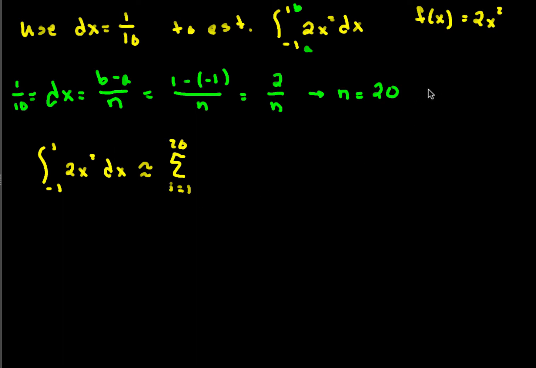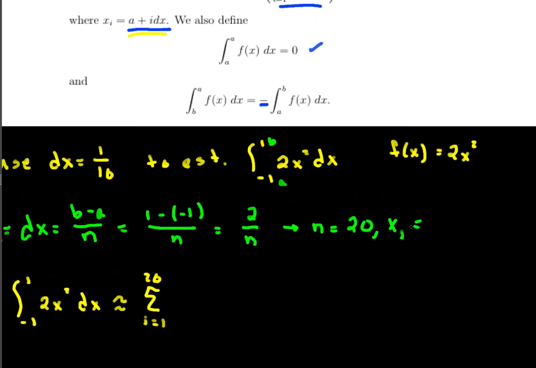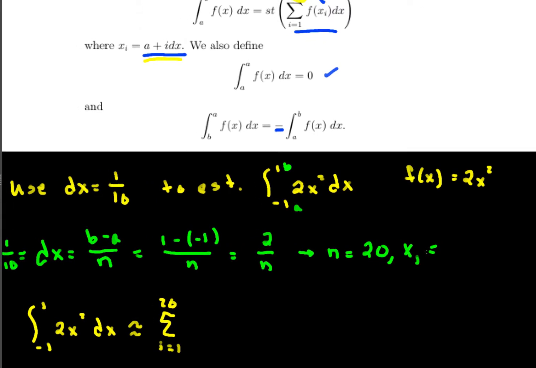So what is our x_i? Well, again, let's scroll up to our definition. It is a plus i times dx. So it's going to equal a, which is -1, plus i times dx, which is 1/10. So i over 10.